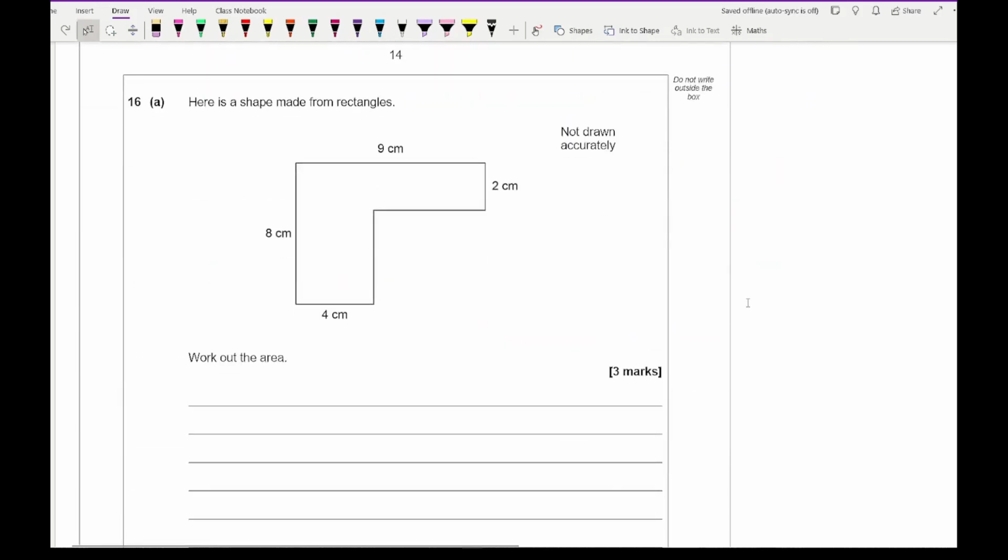Moving on to question 16a, it says here is a shape made from rectangles, and we need to work out the area. Now the first thing you want to do is work out the missing length. So if all of this length is 9 and this length here is 4, what plus 4 gives you 9? Well, that's going to be 4. And to work out the next one, if all of this is 8 and this bit is 2, what plus 2 gives you 8? And that's going to be 6.